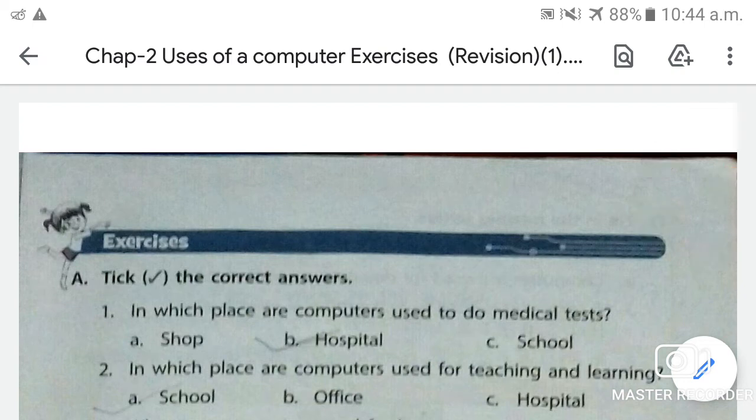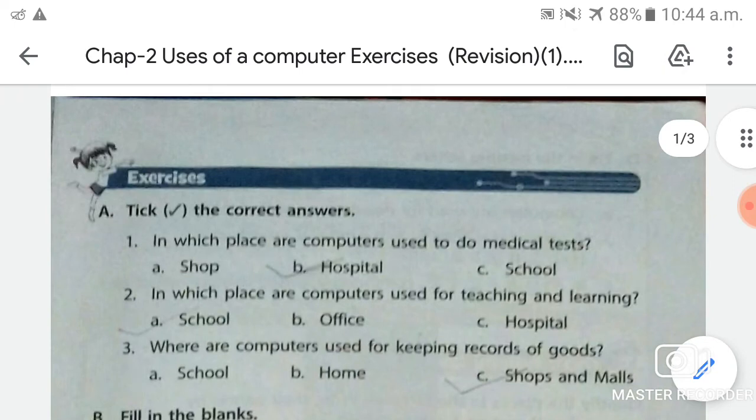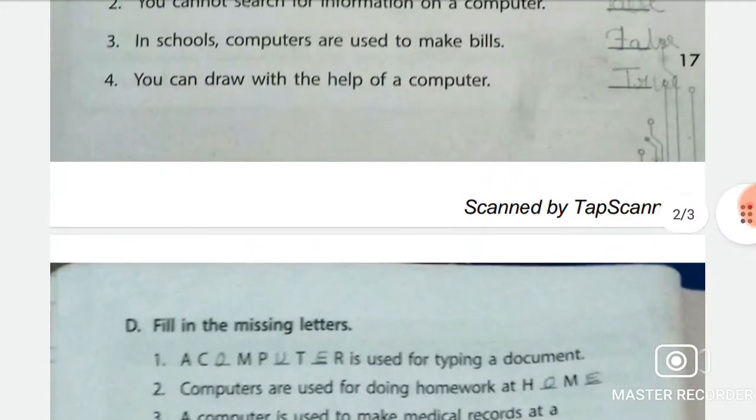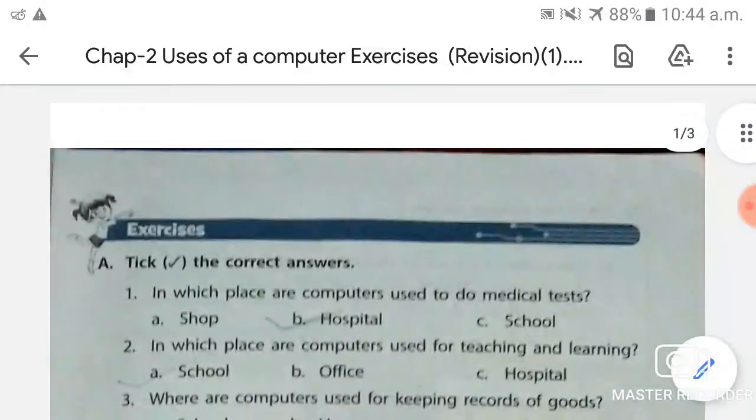In today's video we are going to complete the exercises of this chapter. Because we had already completed this chapter, but now we are going to complete the exercises of this chapter. Okay, so students, firstly, take out your computer book and open chapter 3, page number 17.